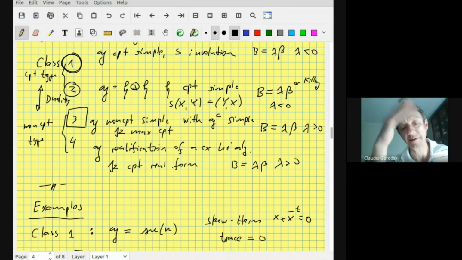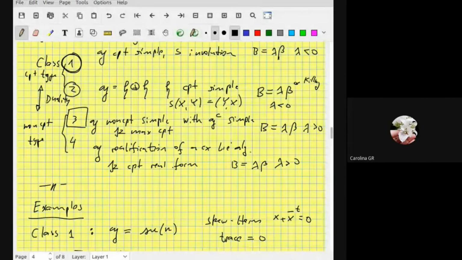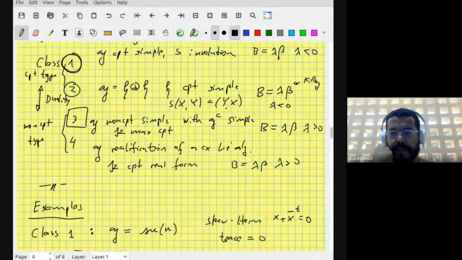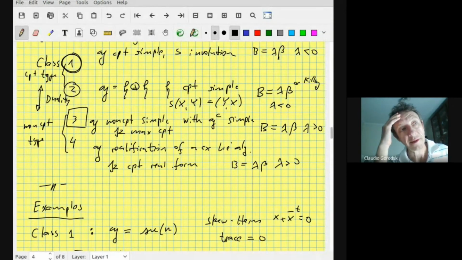Everything works. It doesn't matter the signature of the metric here. Okay. Thank you. The signature only changes the compactness, right? Yeah.